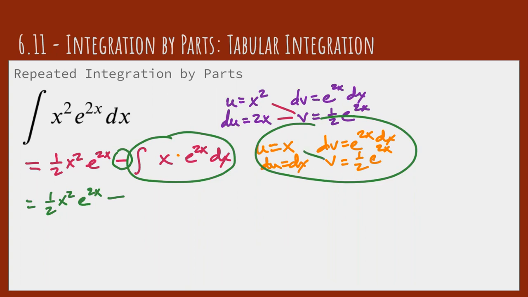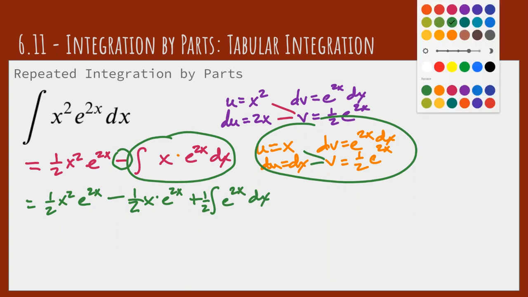So we have u times v, so 1 half times x times e to the 2x, minus, but remember the negative is going to distribute, so really plus the antiderivative of v du. The 1 half I'm going to put out front. So we have e to the 2x dx.